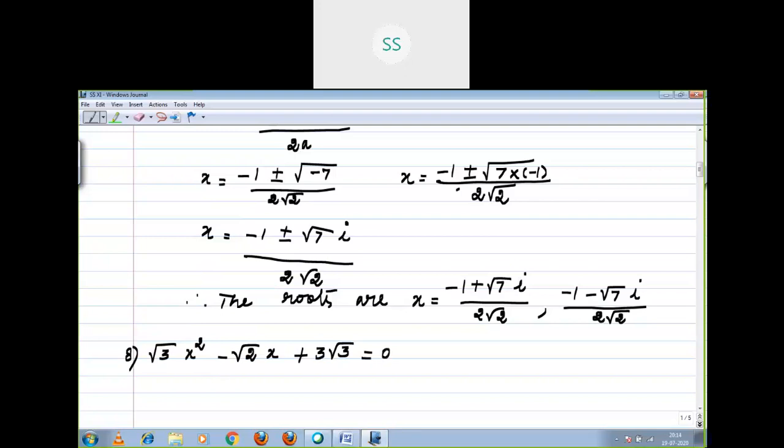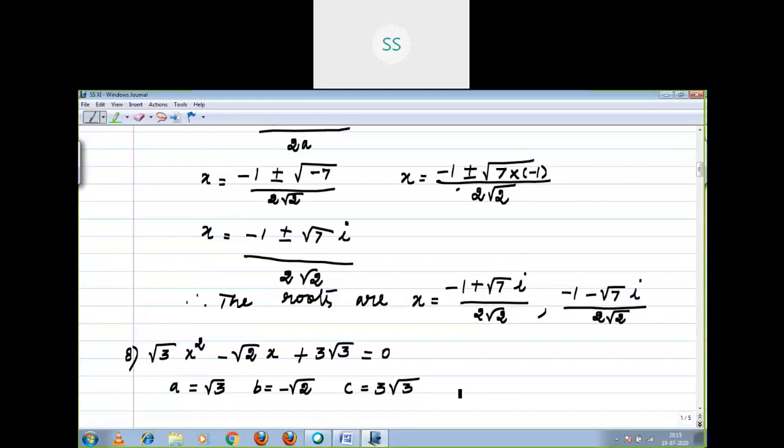What is your a? a equal to root 3, b equal to minus root 2, c is equal to 3 root 3. That is, coefficient of x square is your a, coefficient of x is your b, constant is c.